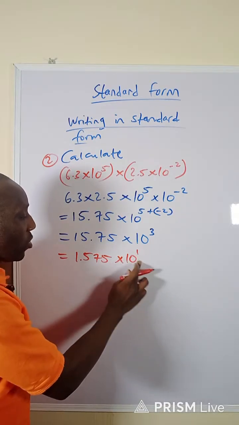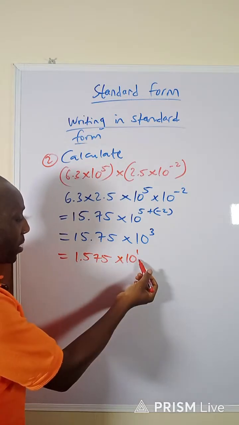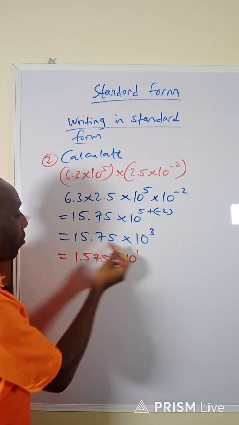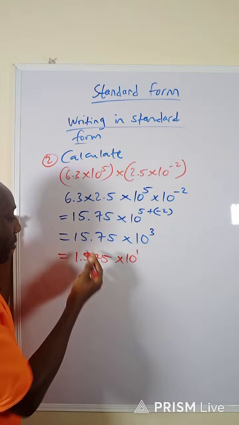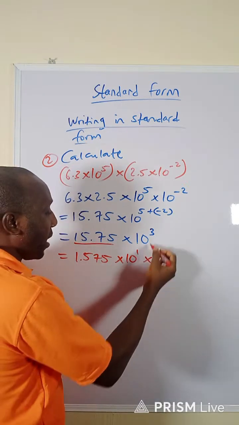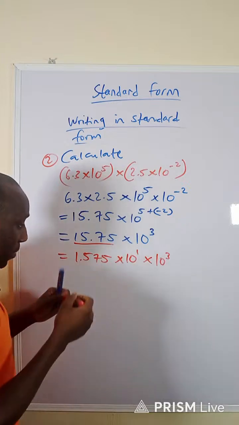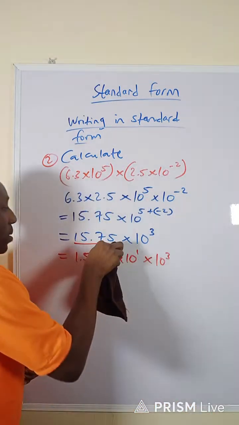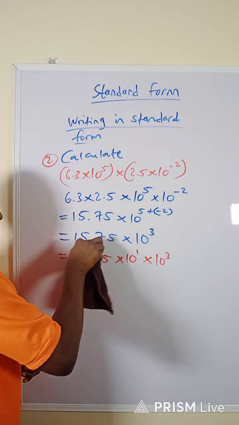Now, if you multiply this by 10, you have 15.75, which will agree with this. But I have just written this in standard form. But don't forget, we still have times 10 raised to power 3. Let me remove this before some people think I'm dividing.